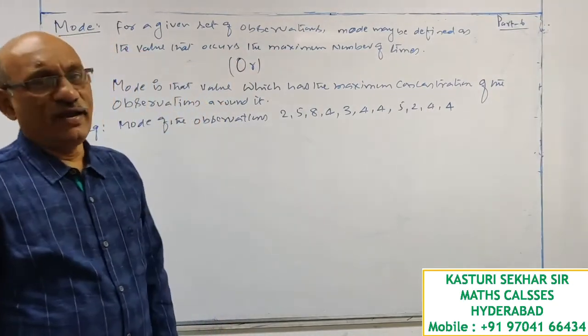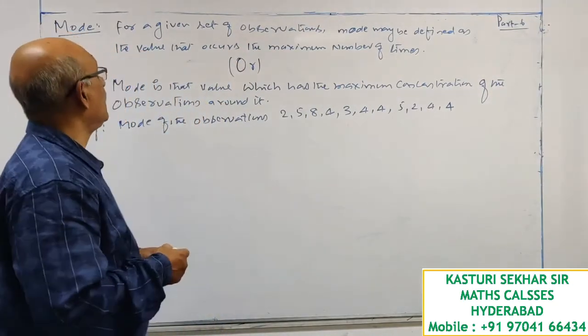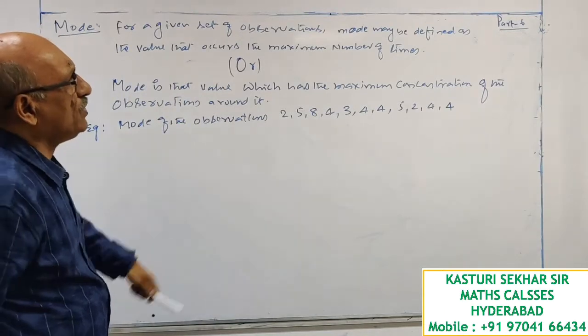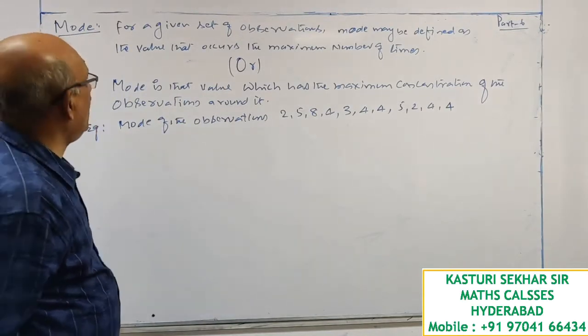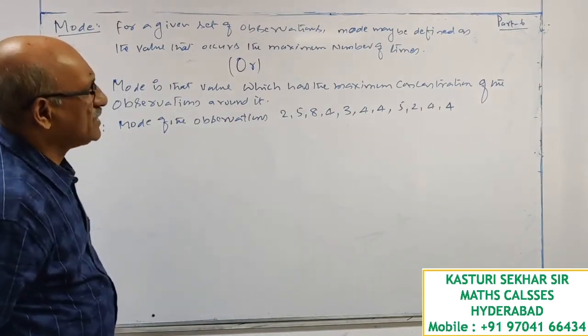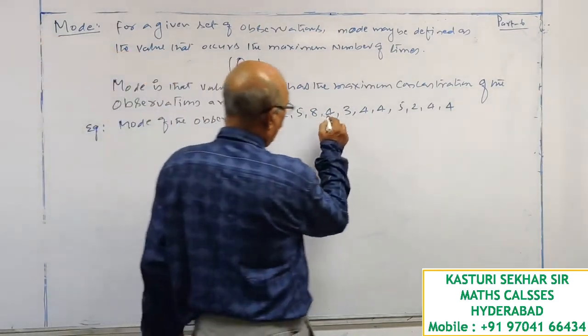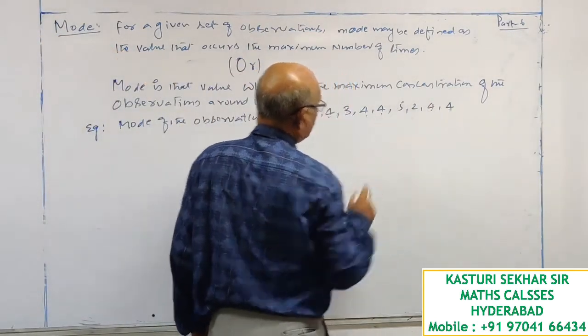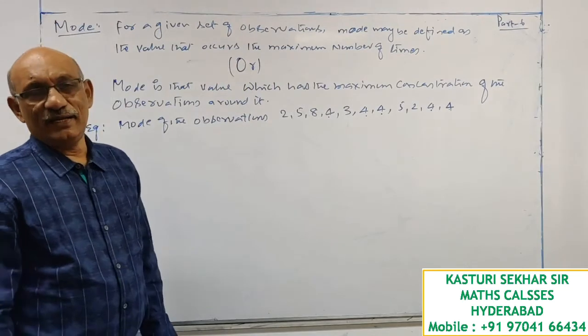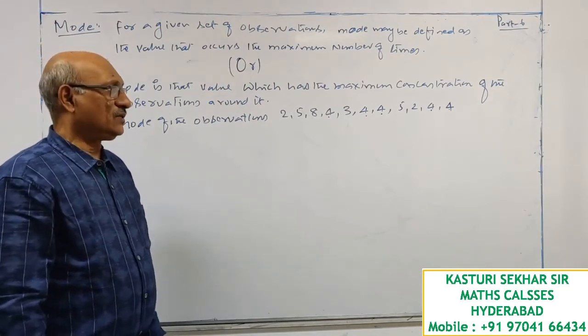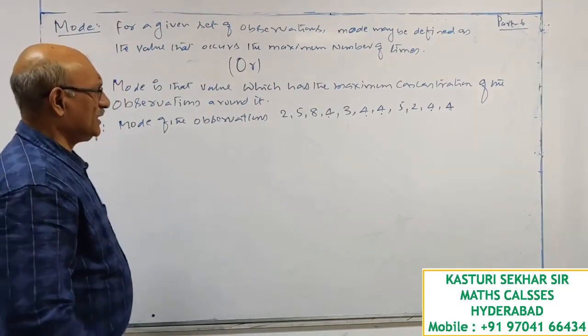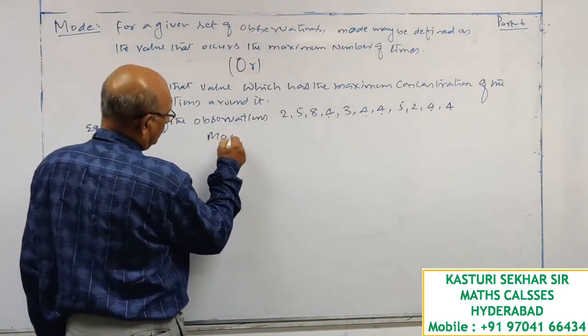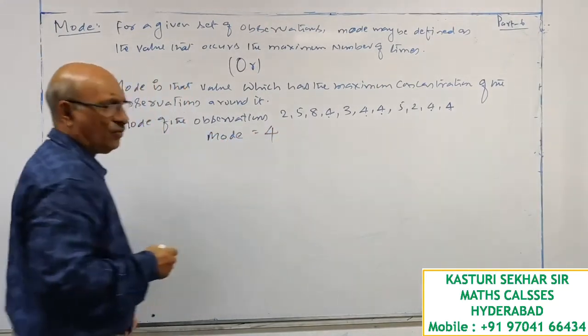You have to identify mode. Mode means, for a given set of observations, the value that occurs the maximum number of times. 4 occurred more often than the others, so mode is equal to 4.